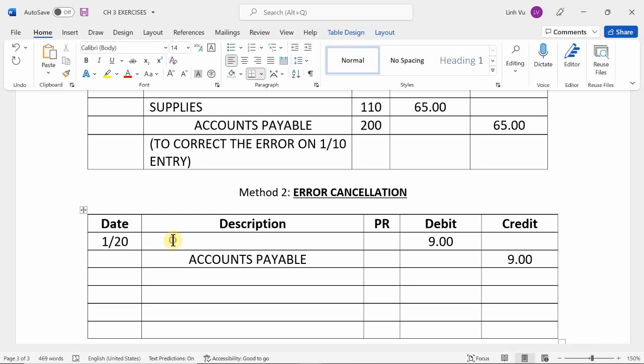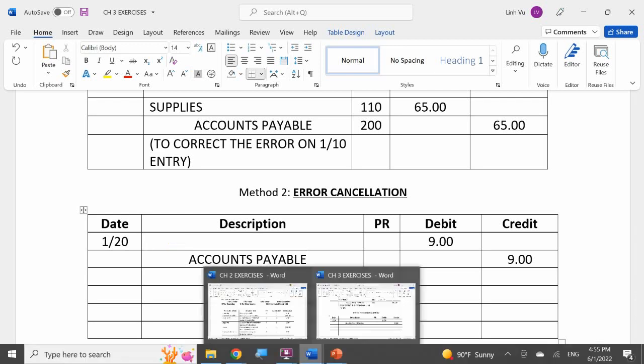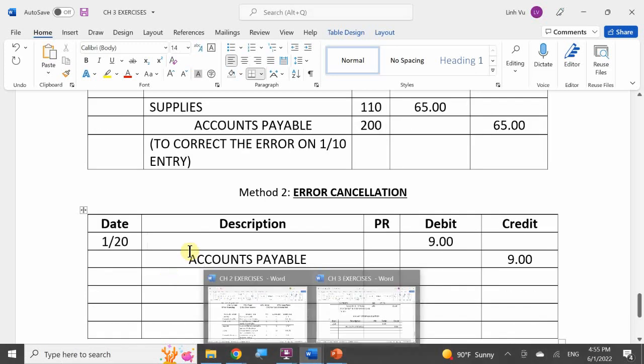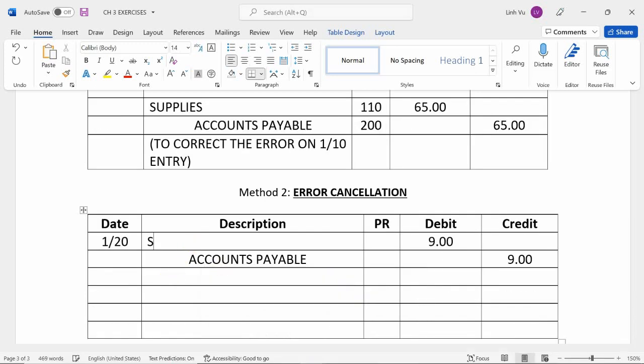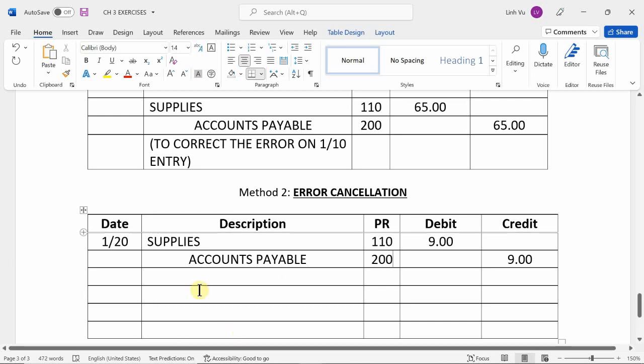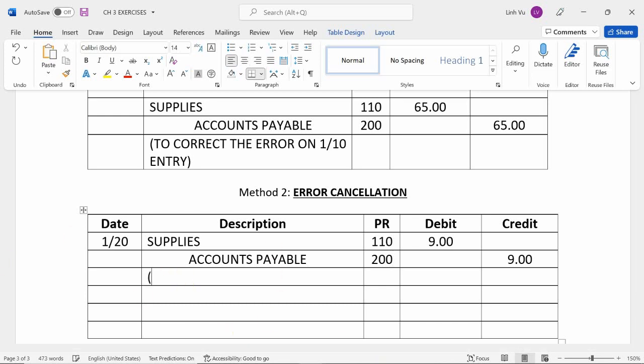Now I'm missing $9 in my accounts payable because I'm supposed to pay more. I'm also missing $9 in my supplies. And then once again, to correct the error on January 10 entry.